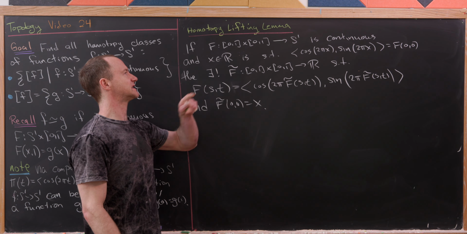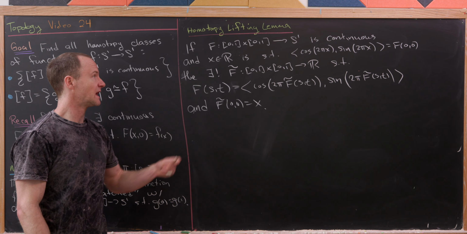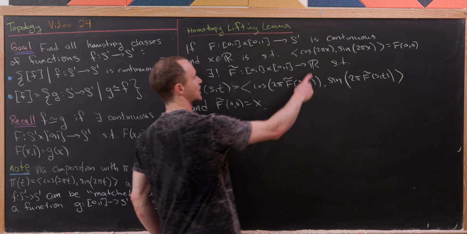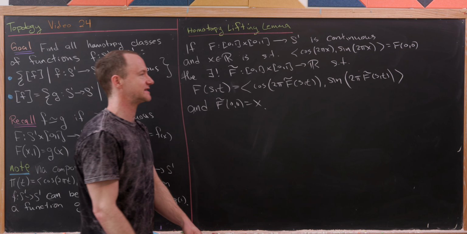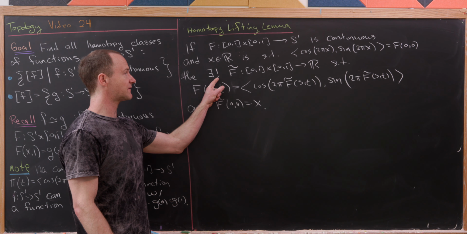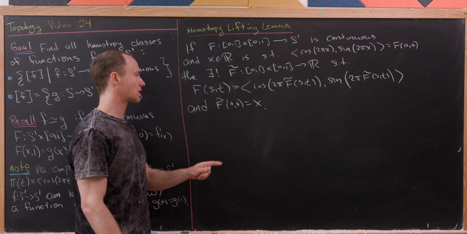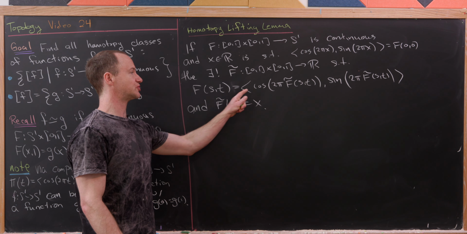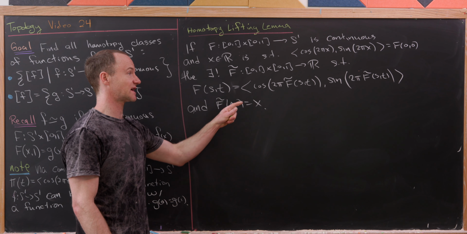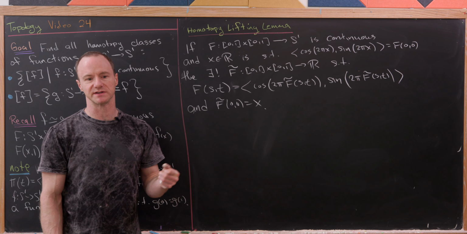So if f is a continuous function from [0,1] cross [0,1] into the circle, and x is a real number, so that cosine 2 pi x, sine 2 pi x is f of (0,0), then there exists a unique function, f tilde, which goes from [0,1] cross [0,1] to R, so that f is equal to cosine of 2 pi f tilde, sine 2 pi f tilde, and f tilde of (0,0) equals x.